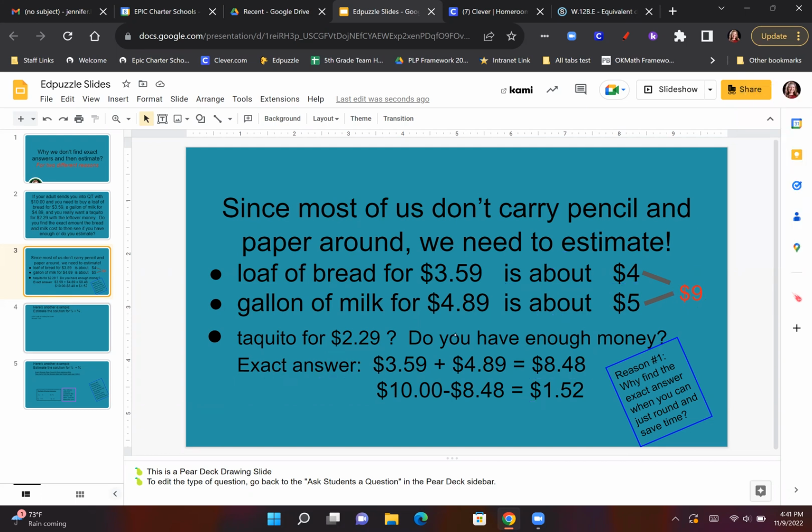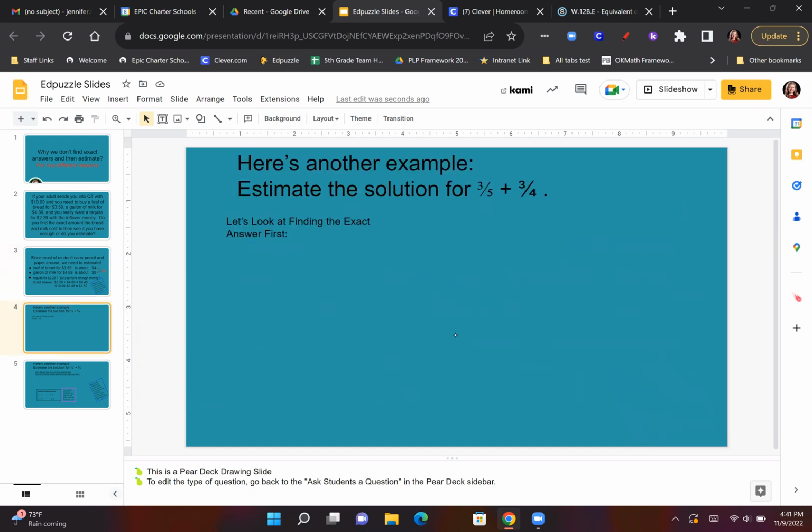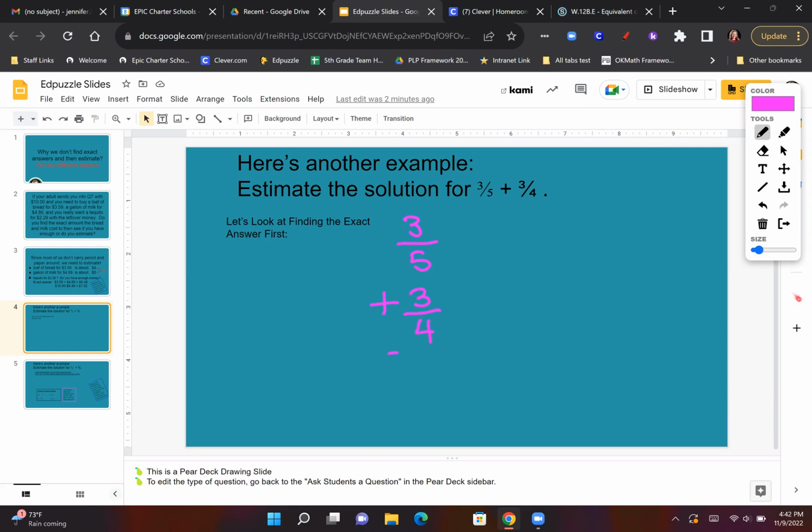All right, let's look at a second reason why we do not find the exact answer first, with fractions, which is the unit that we're working on. It says estimate the solution for 3/5 plus 3/4. Well, let's start by finding the exact answer on this one. So if I were to add 3/5 plus 3/4, I'm going to begin by finding the lowest common denominator.